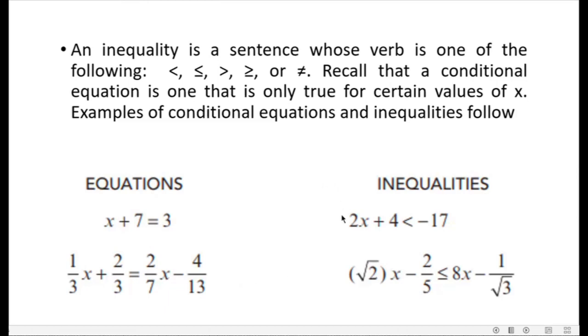And some inequality examples are 2x plus 4 is less than negative 17, and the square root of 2 times x minus 2/5 is less than or equal to 8x minus 1 over square root of 3.